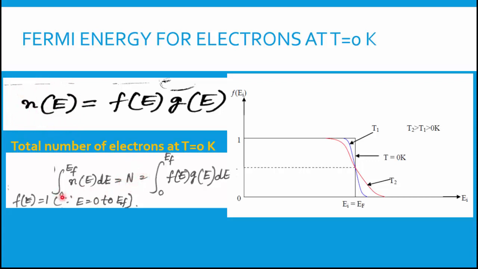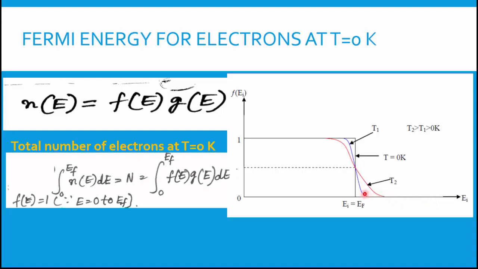Now, if I start from 0 to infinity, it means on the x-axis the energy goes from 0 to infinity. So I have taken the limits from 0 to EF and EF to infinity. Why did I take 0 to EF? Because from EF to infinity, the F(E) value, or the number of electrons in the conduction band, is 0.